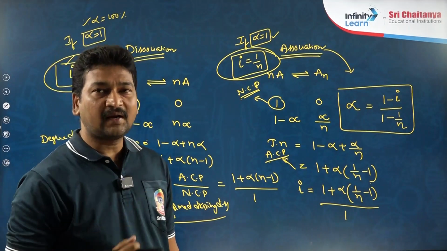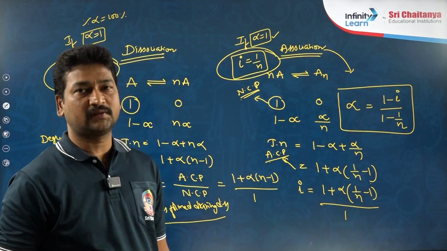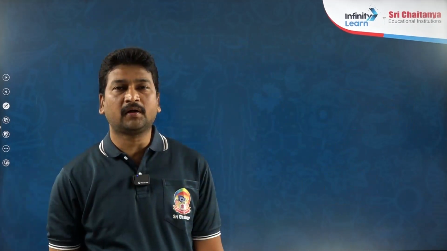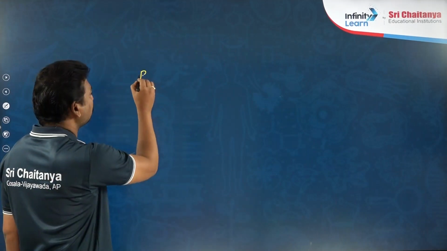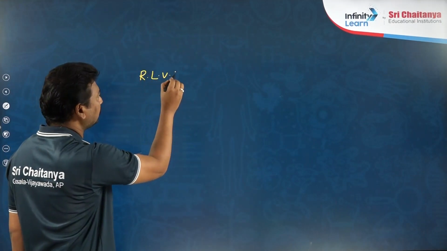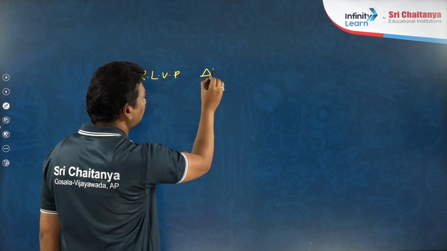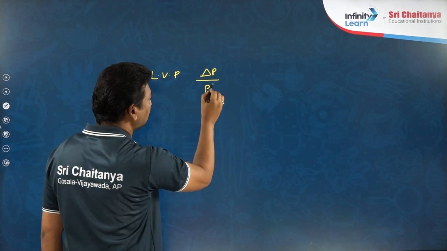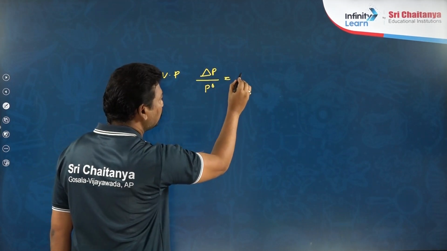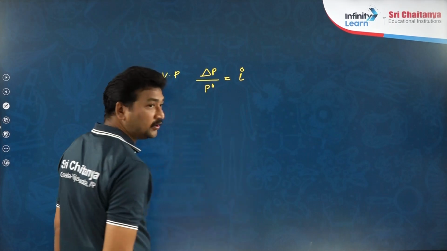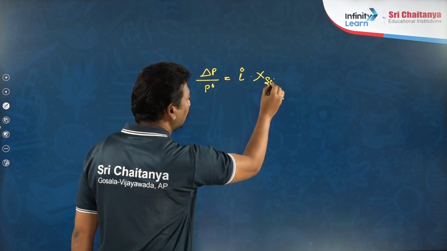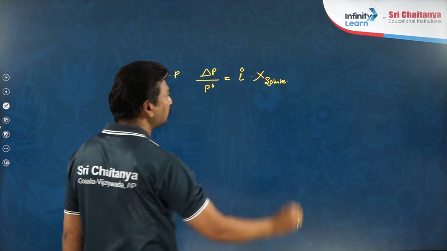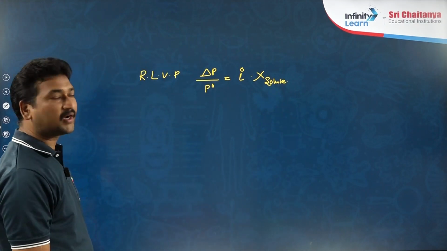And let us write the abnormal colligative properties once. Now I am going to give the abnormal colligative properties by introducing the van't Hoff factor i. Relative lowering in vapor pressure, delta P by P naught, is equal to i into the mole fraction of the solute, where i is the van't Hoff factor.